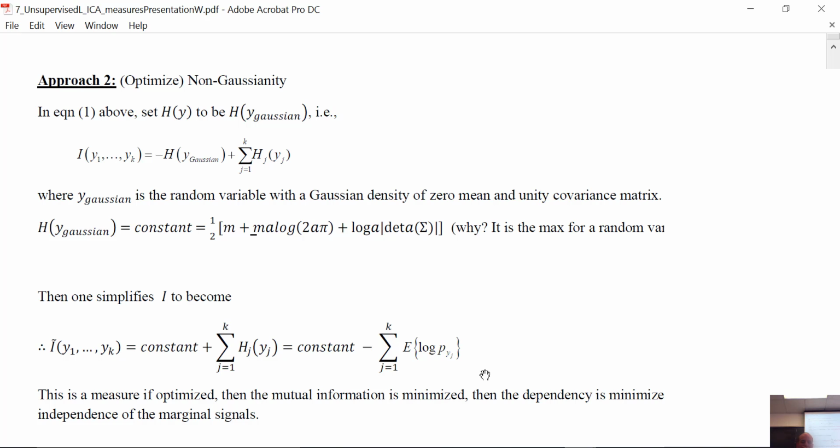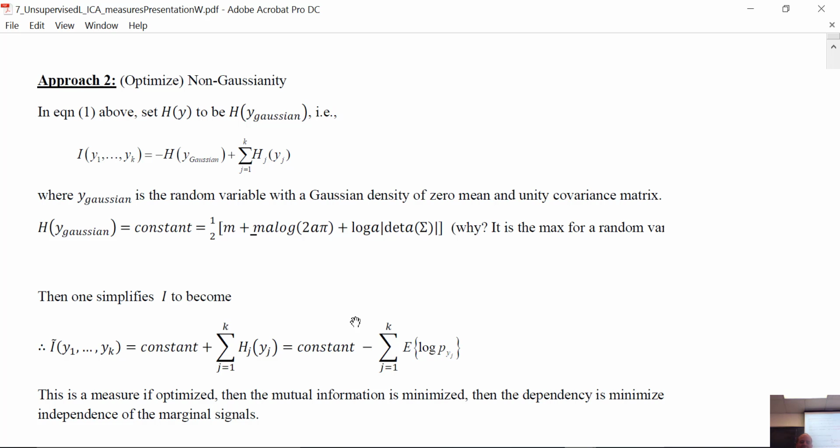So the point of this second approach is that instead of dealing with two terms that relate to the actual output, one of these terms is going to be fixed as a constant. And every time you have a constant in a measure and you're trying to optimize, that constant plays no role, because you're going to optimize based on things that relate to this marginal signal.